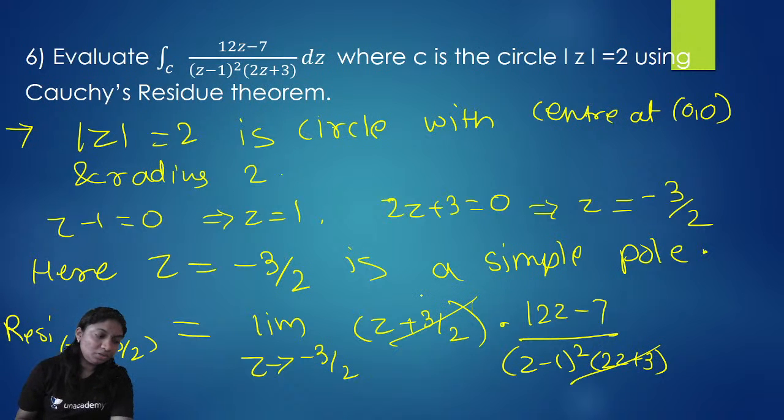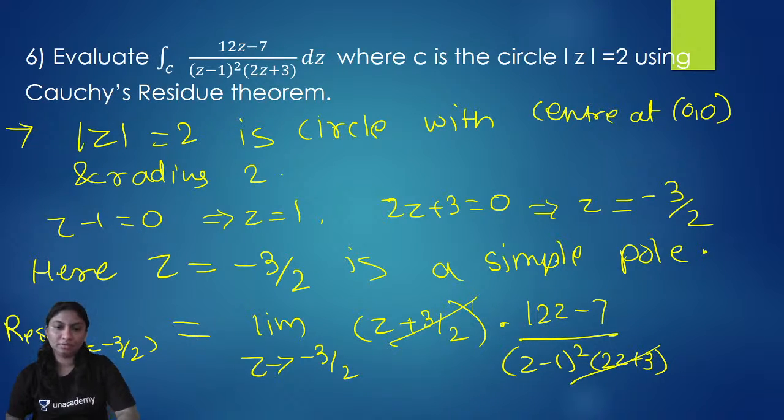Now put z is equal to minus 3 by 2. So put 12 into minus 3 by 2, that is minus 36 by 2, which is minus 18, minus 18 minus 7 is minus 25.